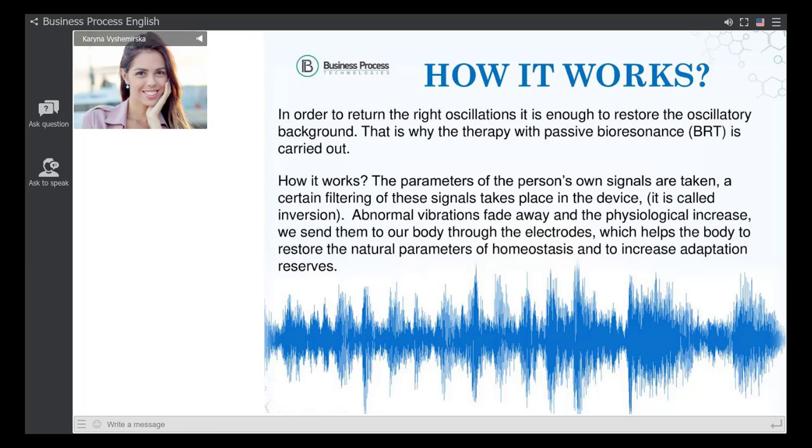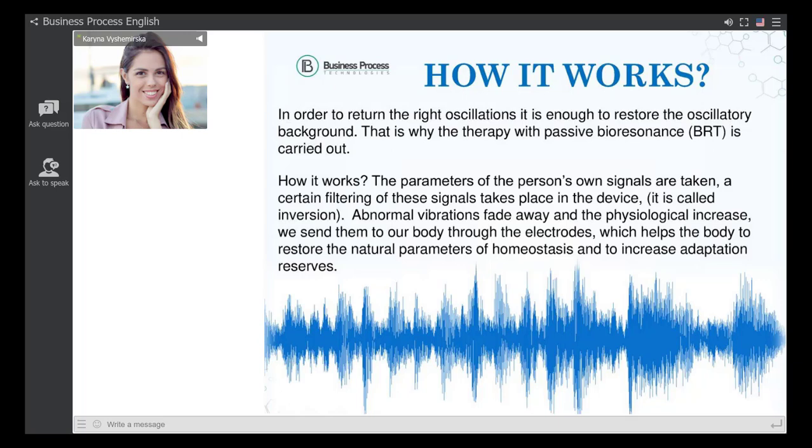So we basically take all the frequencies that our body produces, which are the mirror of all the processes that take place in our body, and in the device, a filtering inversion process goes on in order to take away all the bad frequencies and turn on all the good frequencies. So abnormal frequencies fade away and the physiological frequencies increase. We send them to our body through the electrodes, which helps the body to restore the natural parameters of homeostasis and to increase adaptation reserves of our body.